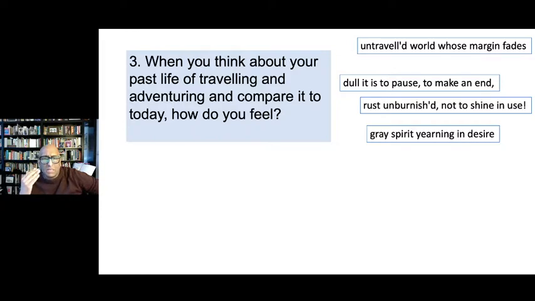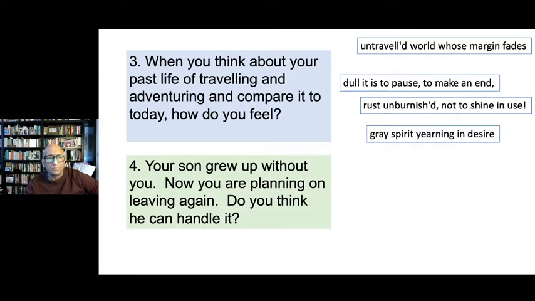And he's like a sword that is rusting. The metal is rusting because it's not being drawn out or burnished, and it's not shining. And his spirit is fading, and he's yearning in desire. He's craving something. And so now we know that he's bored, he's craving something, he needs something.